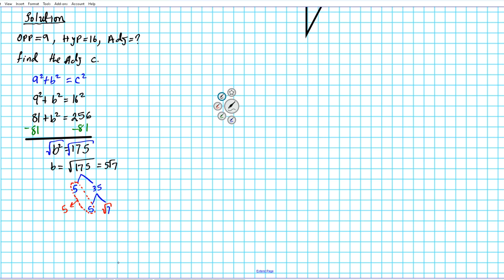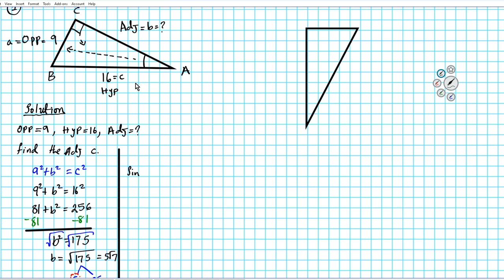Okay, so now we have all three sides that we want, so we can now proceed to find all three trig ratios. So the first one is sine. We're looking for sine of angle A. That's the reference angle for this problem. Let's put in the missing measure that we just found. We found out that b is 5 root 7.